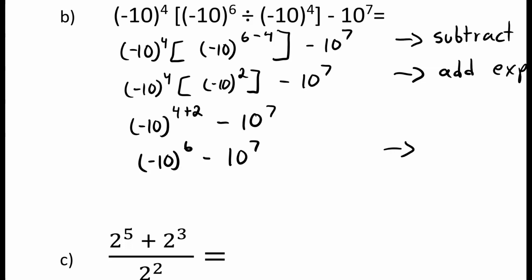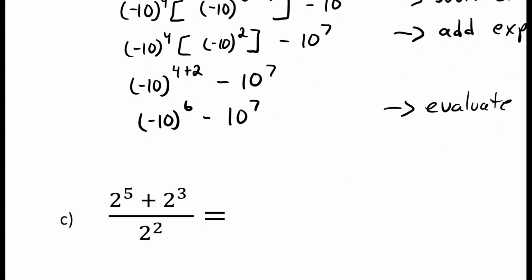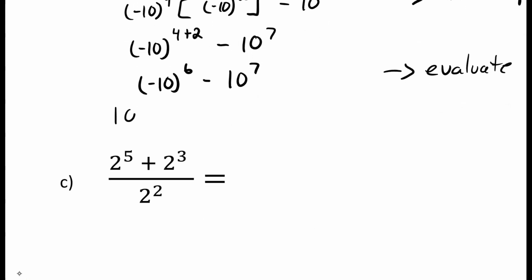To evaluate this, we're going to figure out what negative 10 to the power of 6 is, which is 1 million. So 1 with 6 zeros.